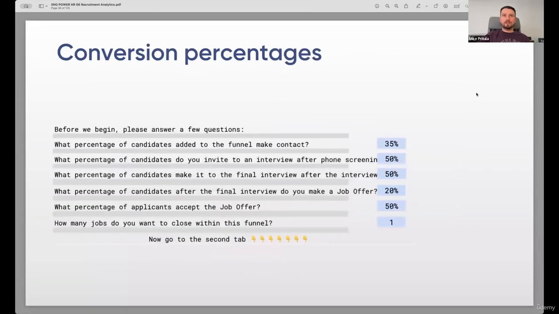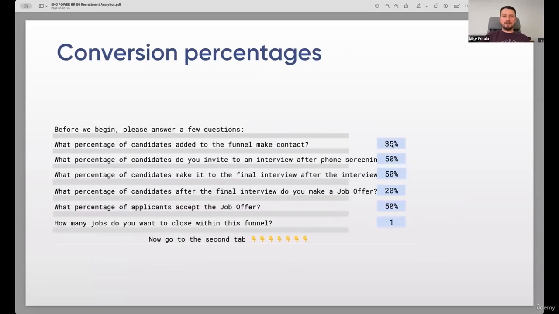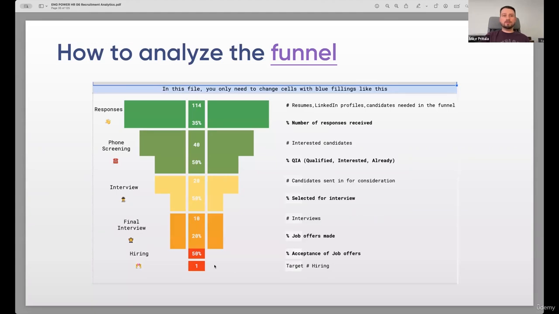What we also have here, we may use this tool not just to analyze our current vacancies, but also to plan our work with new vacancies. For this, we enter our standard metrics for each stage yield ratio, and then we put how many hires we want to make.